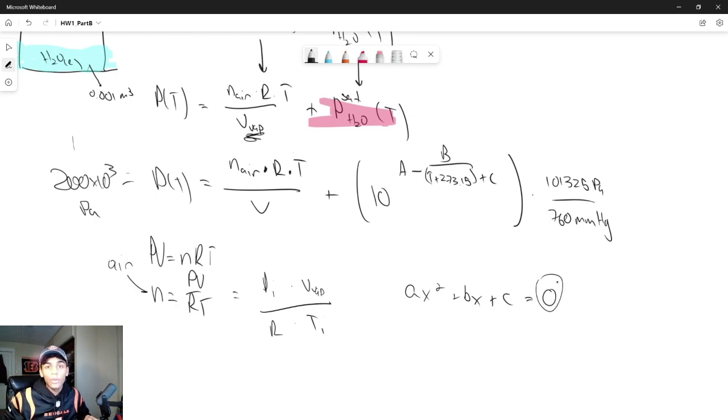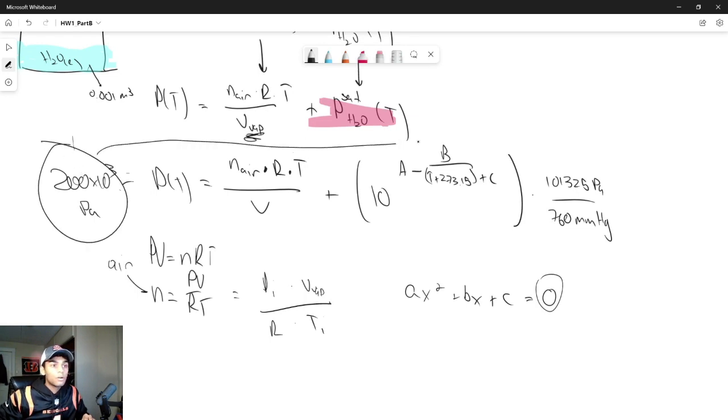This is important. We have to set these equal to 0 to find the values of x that make the equation 0. Same thing here. If we want to find the roots of this function, we need to have the left side of our function be 0 and the right side of our function have all of the things that we have to calculate. So we're actually going to bring our desired pressure value all the way over here and subtract it.